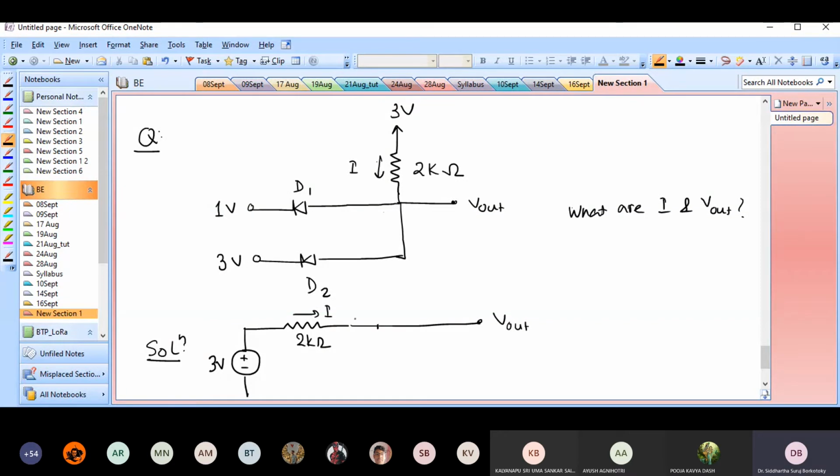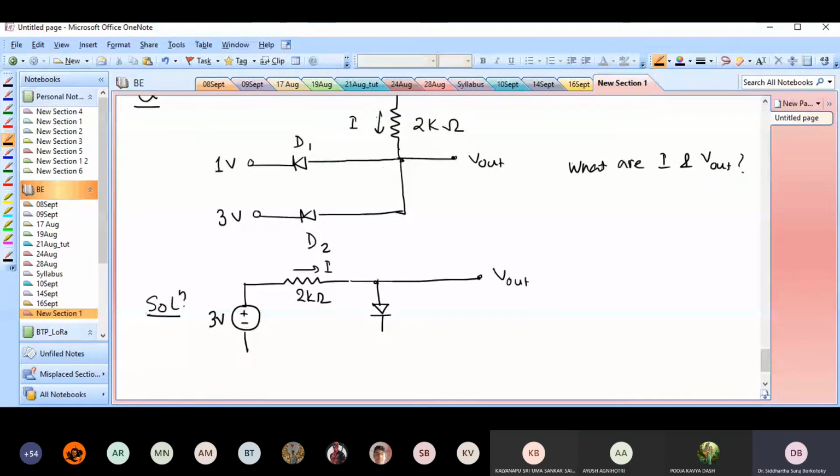Then from V out, at the meeting point of V out and the 2 kilo ohm resistor, I have one diode pointing downwards, because the P terminal of the diode is connected to this particular node. Let's call it node A. Then I have a 1 volt source, and the positive of the 1 volt is connected to the N terminal of the diode.